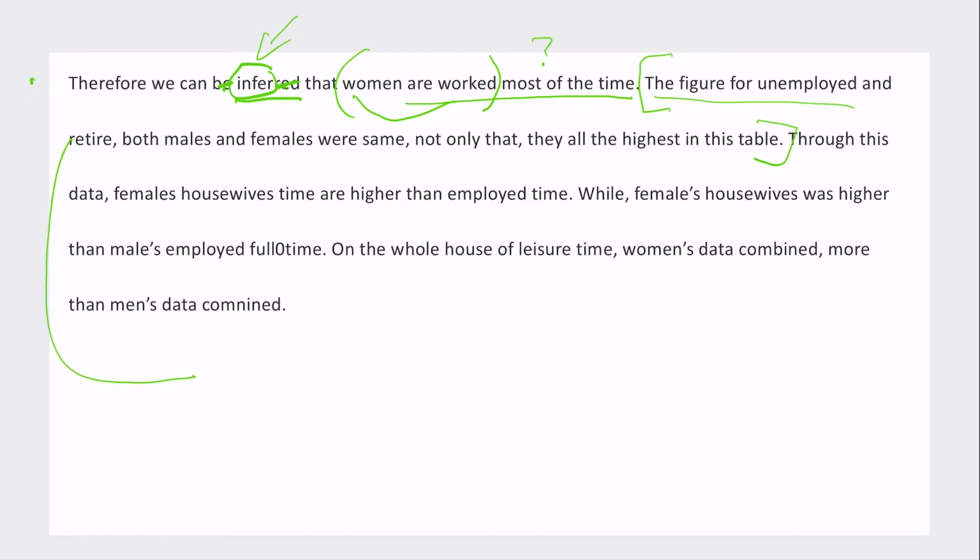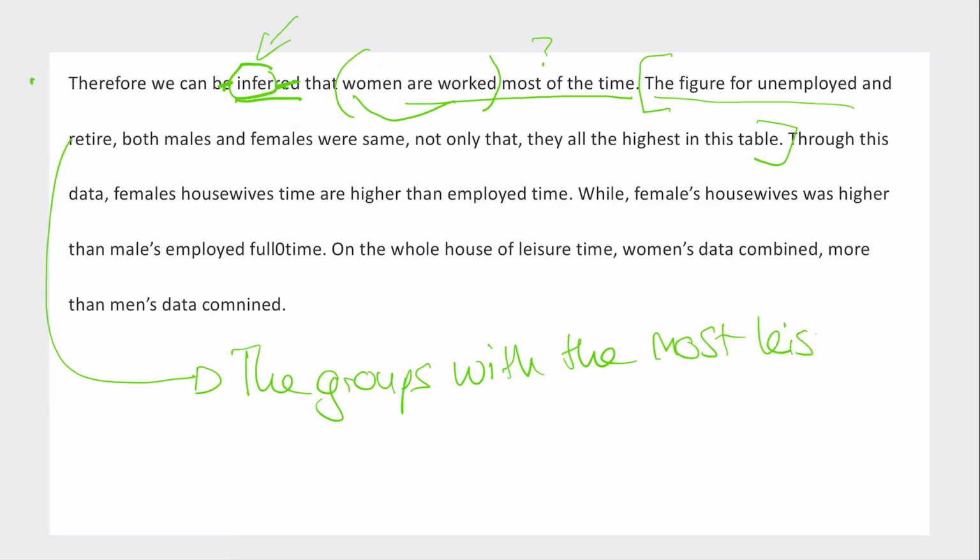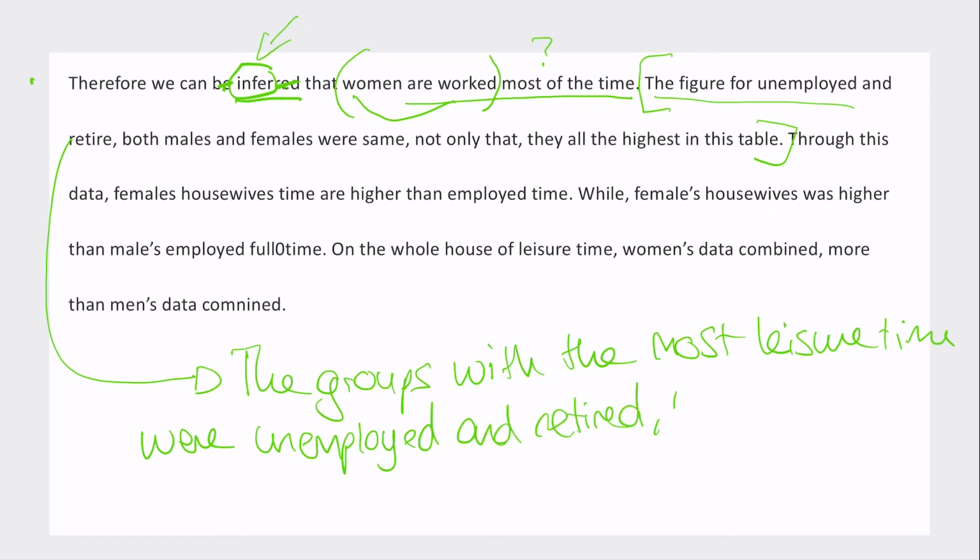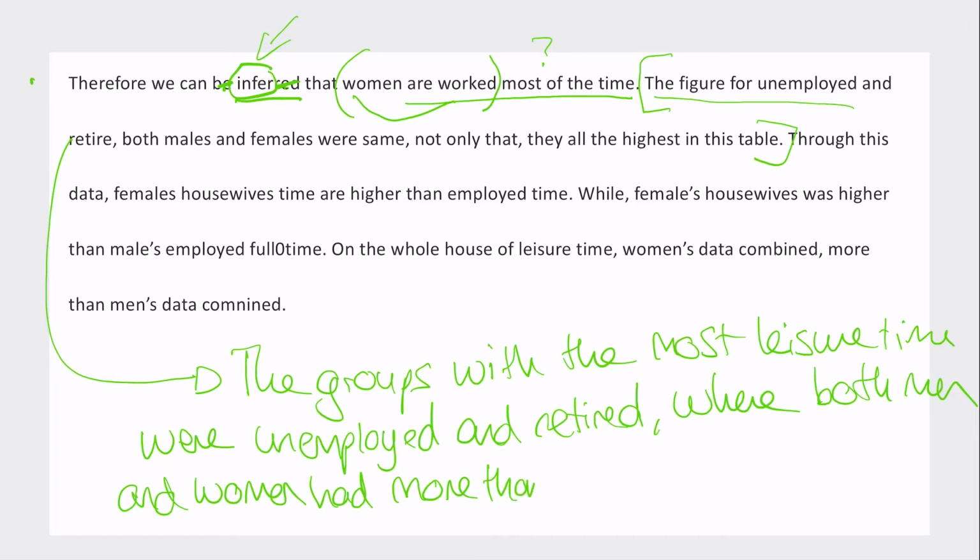Okay, so you would say something like: the groups with the most leisure time were unemployed and retired, where both men and women had more than, and then whatever the hours were.